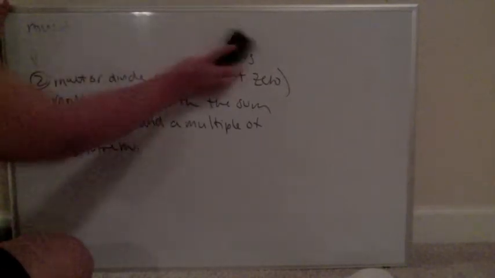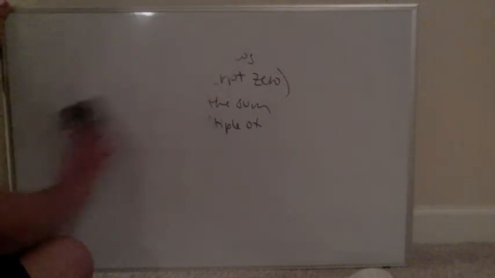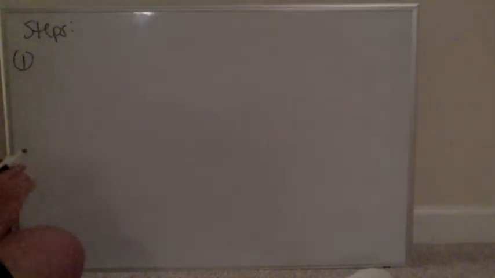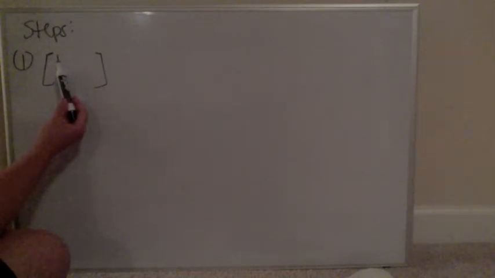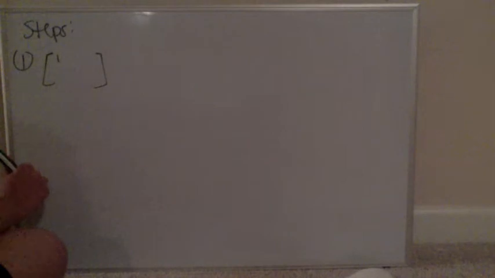So now let's talk about how do I actually change the form of this? What are the steps to take? And I think to see these steps, it's easier just to see the picture. So first off, to turn it to that diagonal form, your first step is to get the upper left element to be a 1.